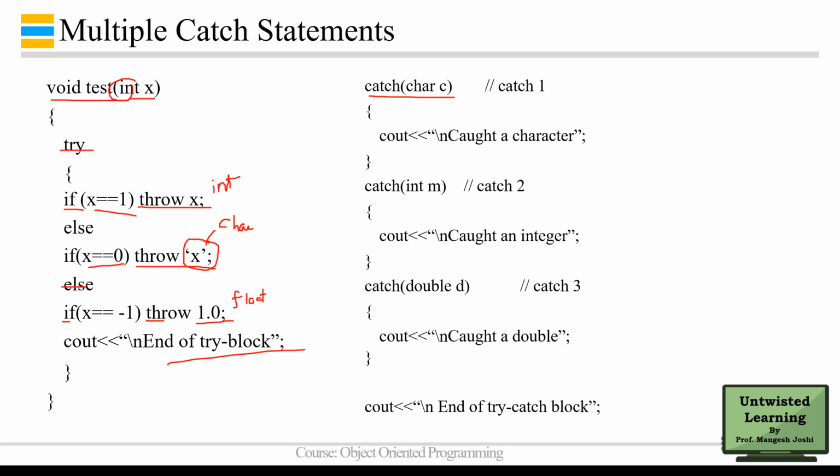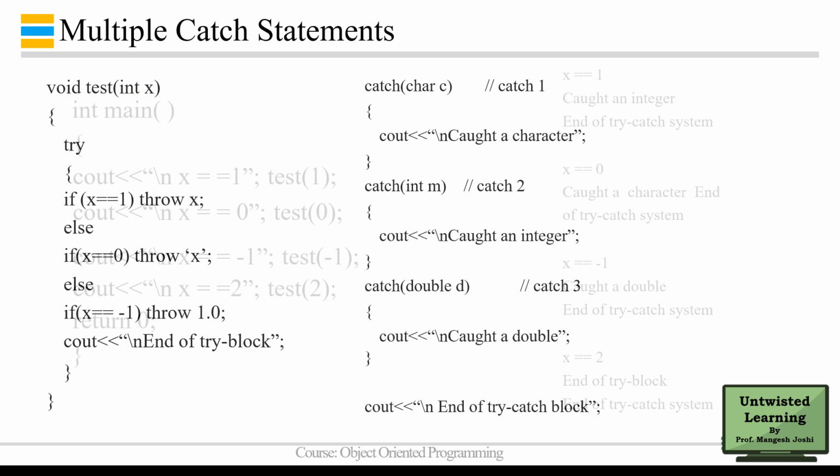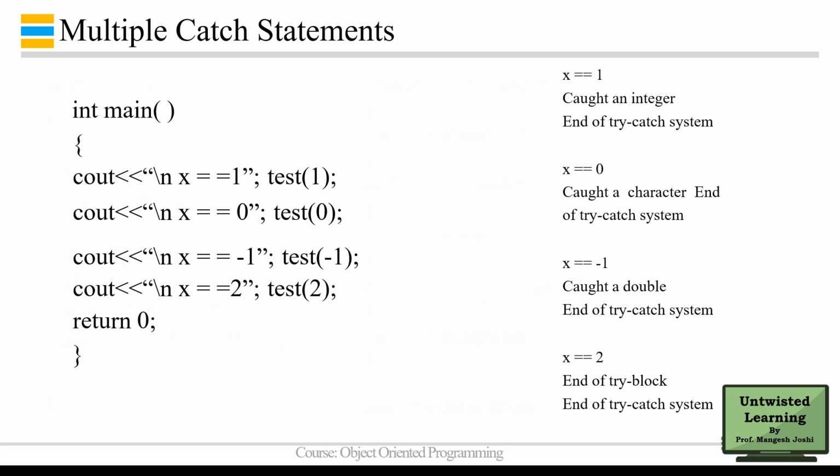Then inside catch you have 3 different handlers: one is catching the character, the second is catching the integer type, and the third is catching the float type, right? Float or double. And this is the end of the try catch block, right? Now in int main for checking, you are doing cout for the case x compares with 1, right?